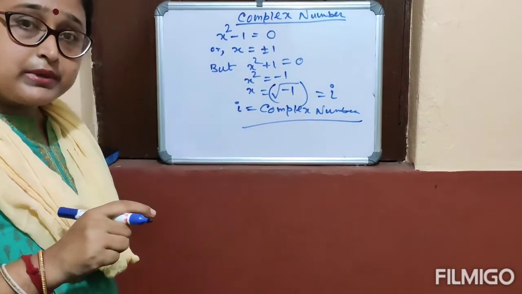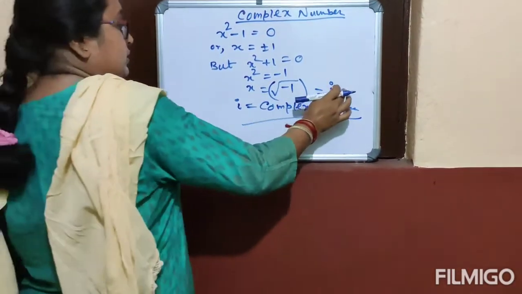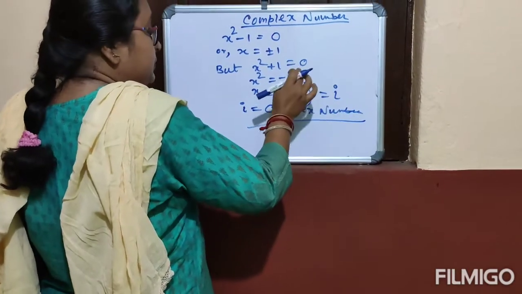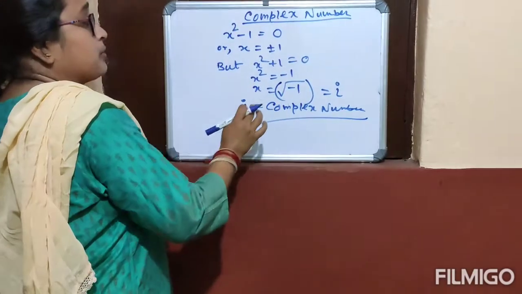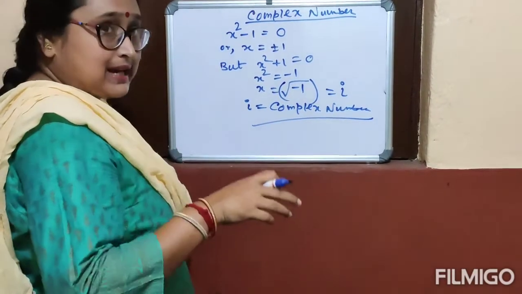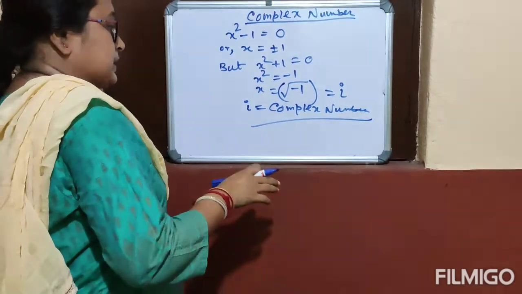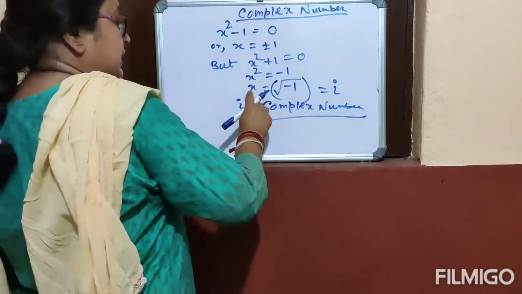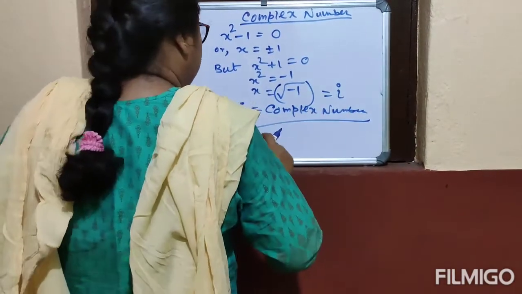The value of i is equal to root over of minus 1. This is in your class 11 syllabus. Complex number is included. So x is equal to i.